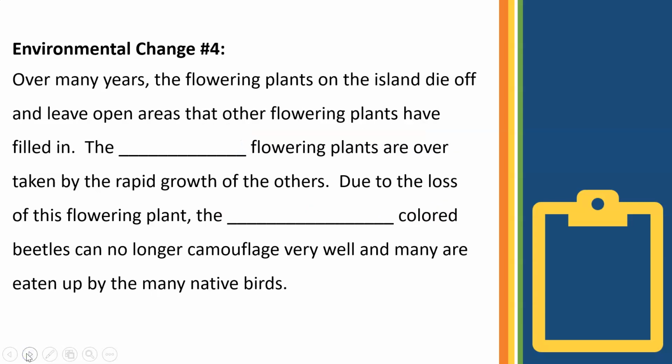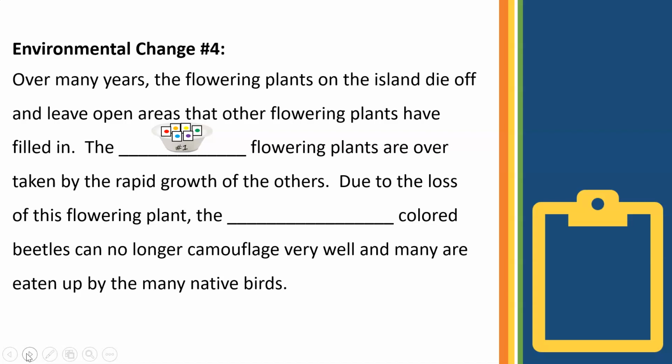Okay, but over many years, the flowering plants on the island die off, and now there's open areas that other flowering plants can fill in. Okay, randomly select one. Write it in the blank. Don't put the color back in. These flowering plants that you just selected are overtaken by the rapid growth of others.